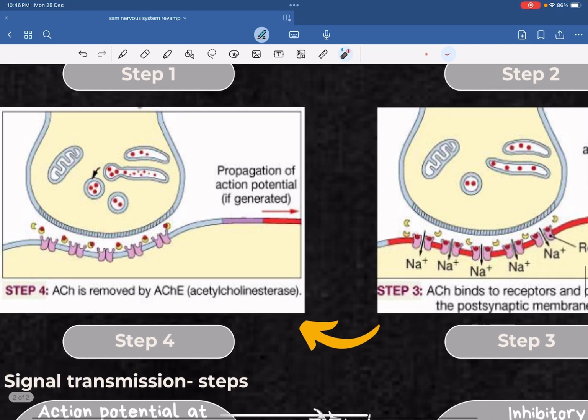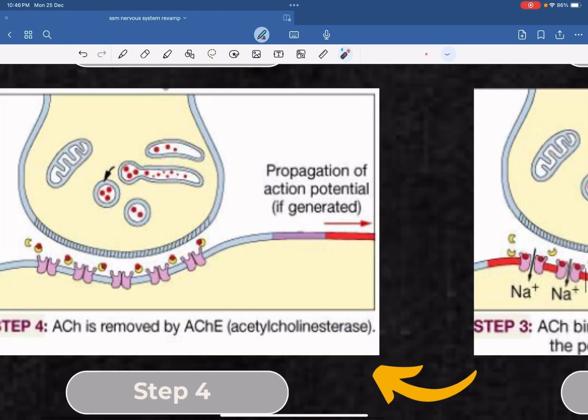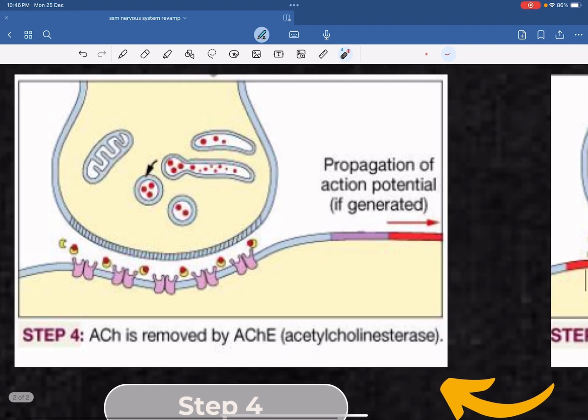And then the last step: after the action potential is generated, repolarization occurs. How does repolarization occur? It is due to the enzyme we call acetylcholinesterase.